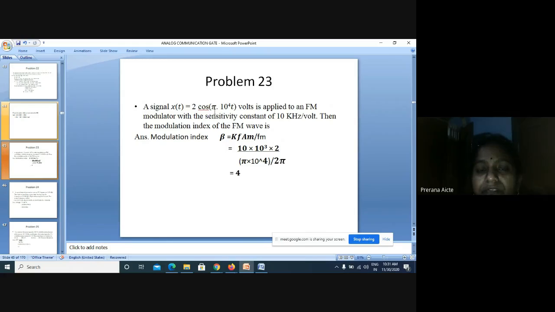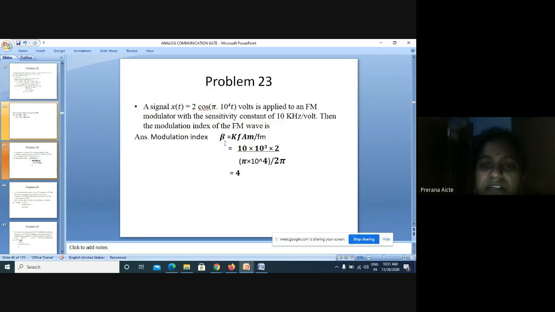Your fm is from pi into 10 power 4 t, that is omega m, so we need to find fm. So pi into 10 power 4 by 2 pi, and once you find the value of this, it will be equal to 5 kilohertz.